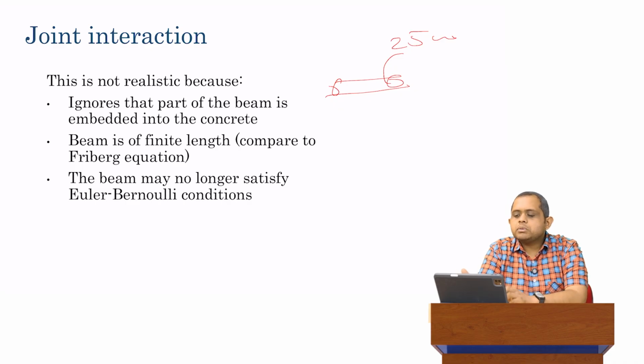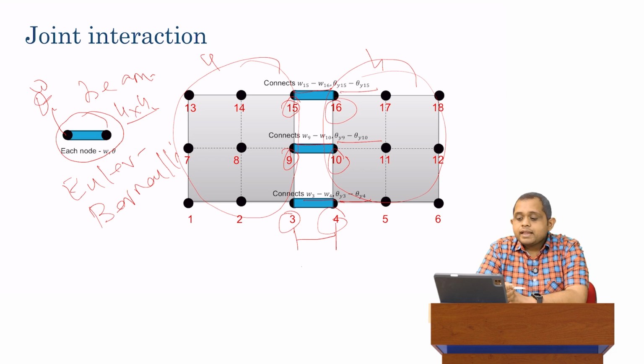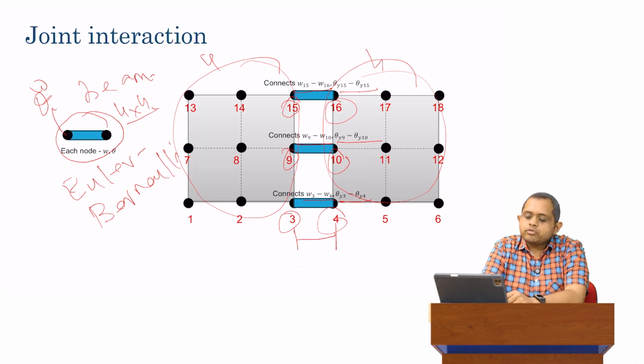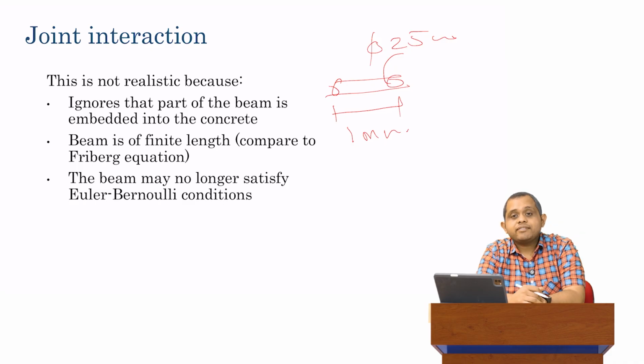So we have a dowel bar which is of diameter 25 mm, phi over here. And if you think of the length of the dowel bar, the length of the dowel bar is basically whatever is the length between these two nodes. The length of that dowel bar is the joint width, and the joint width is of the order of 1 mm or even of the order of 0.1 mm. So it's very, very small. So you actually have a bar which is of the order of length 1 mm and diameter of 25 mm.